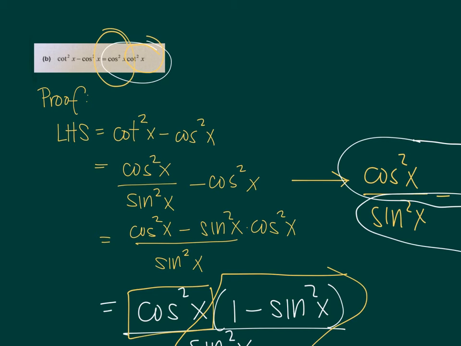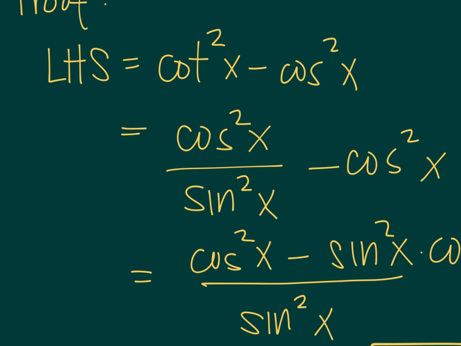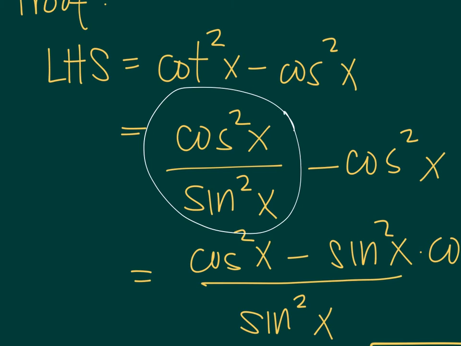At the same time, if you see the cotangent or tangent, you can replace them with expressions involving sine and cosine. And in this case, we replace cotangent squared x into cosine squared x over sine squared x. And we work on that.